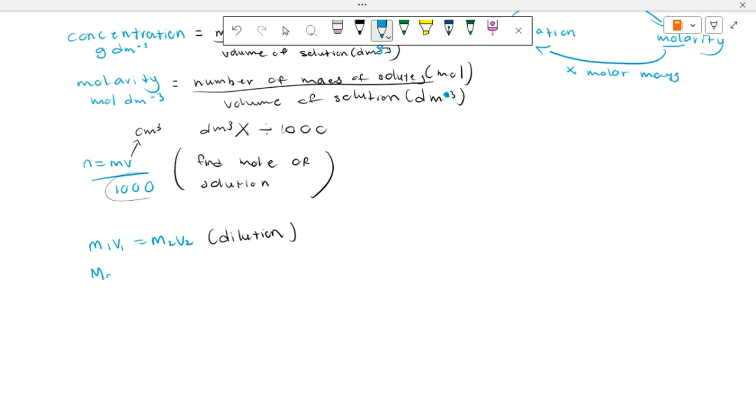And then for MAVA over MBVB, A over B, this one is for, can you guess? Neutralization. This one is the same as this, but this one is the mole.